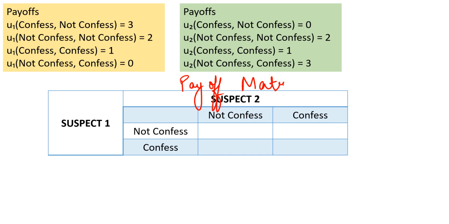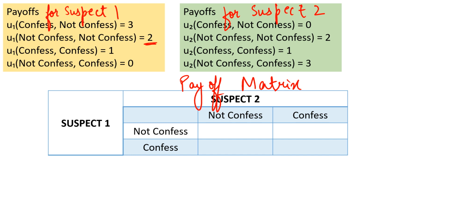This thing we have already discussed in our last video, but it will be good practice to see this. Now, a situation where suspect 1 does not confess and suspect 2 does not confess. Both of them will not confess. In that case, utility for player 1 is 2. Just write it down. This is for suspect 1, and this is for suspect 2.